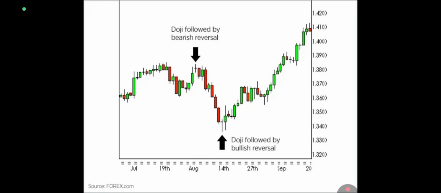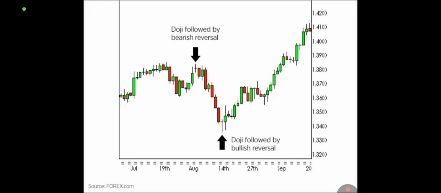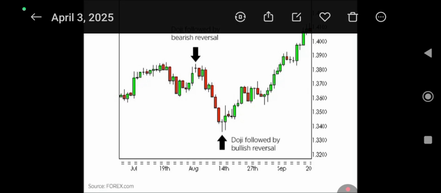First on our list is the Doji. A Doji is a candlestick formed when the open and close prices are nearly the same, mostly indicating indecision in the market. What do you understand by indecision? Indecision is a situation whereby buyers and sellers are equal.